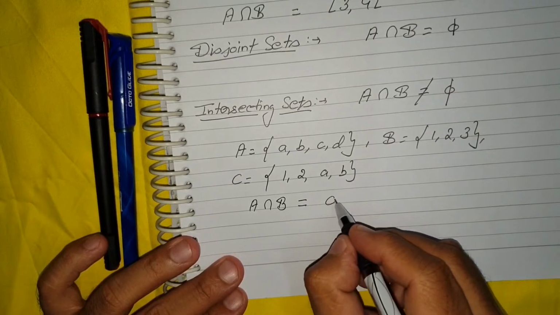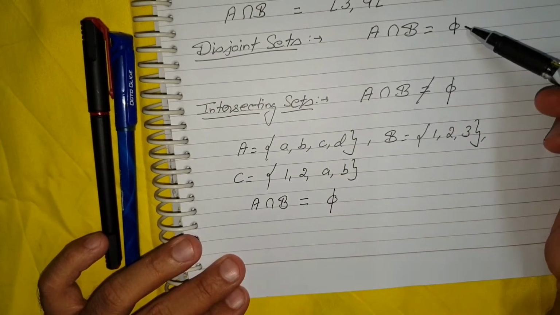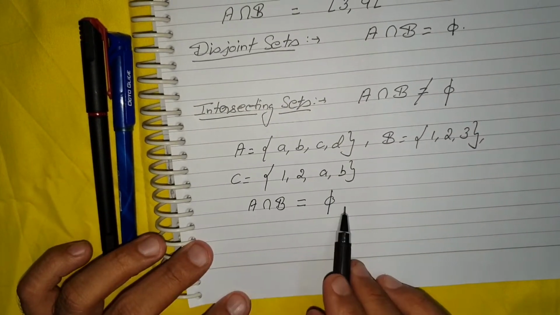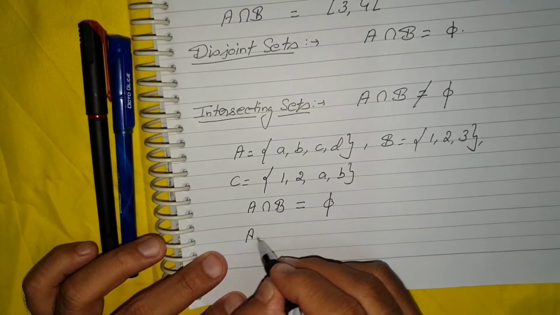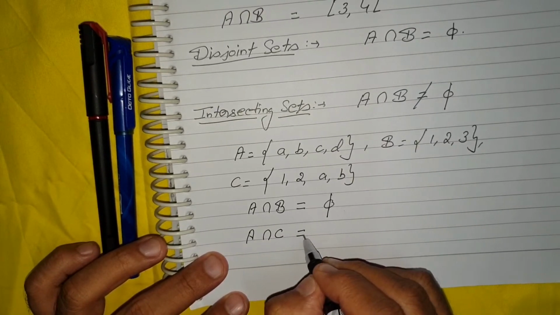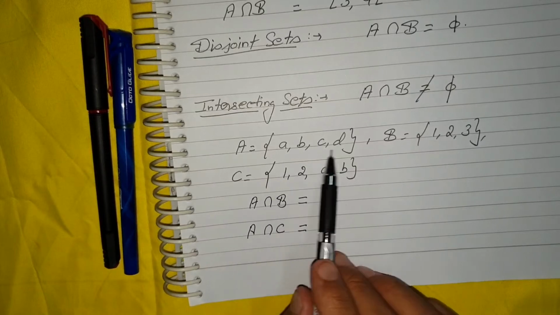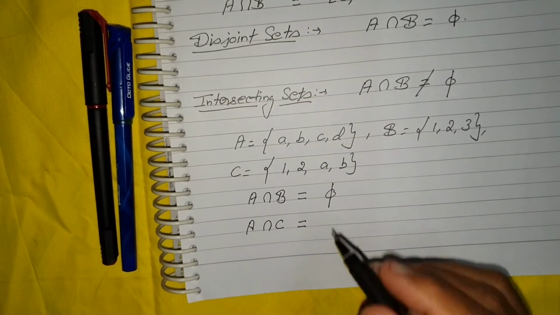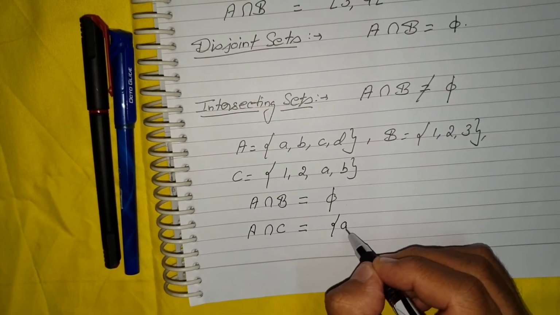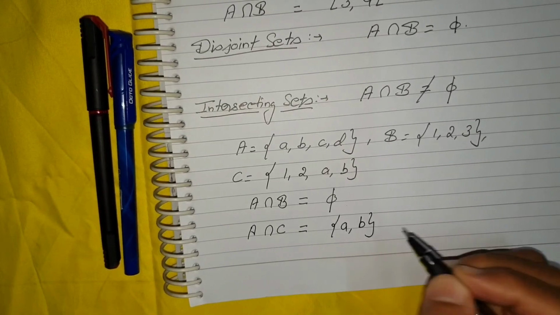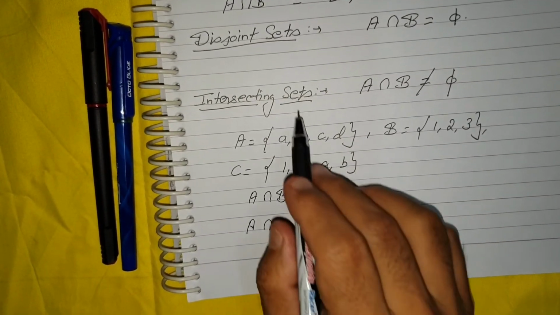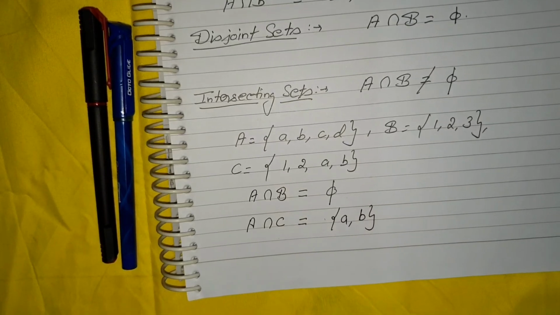So this is phi. These are disjoint sets. Now A intersection C: we can see a and b are common, so you can write this as {a, b}. These are known as intersecting sets.